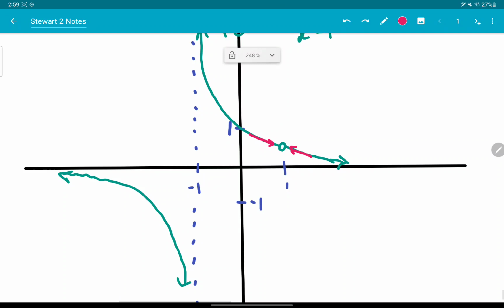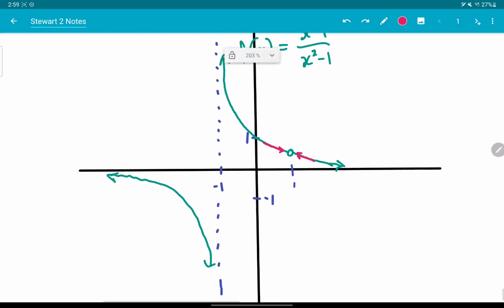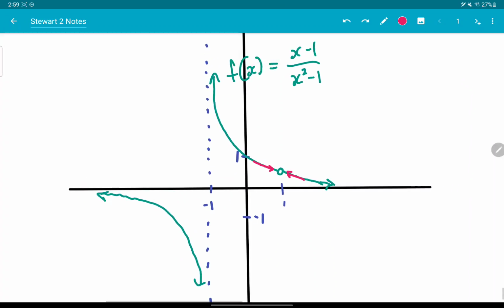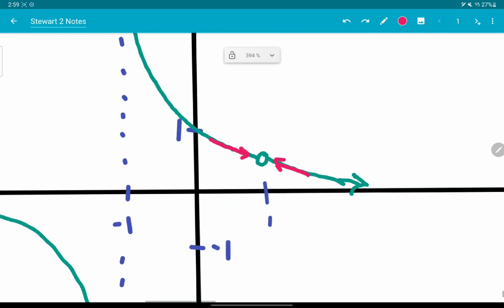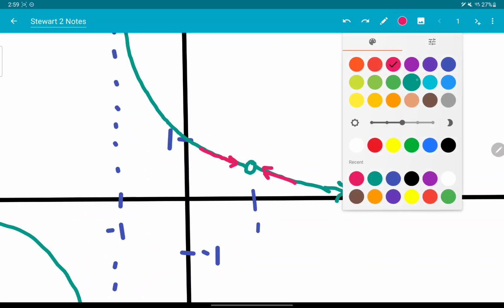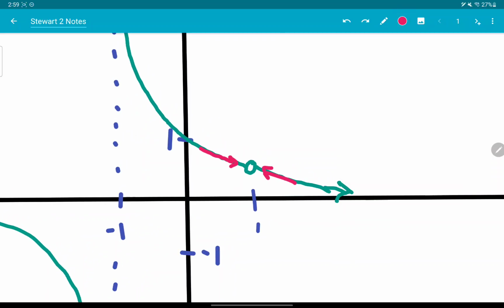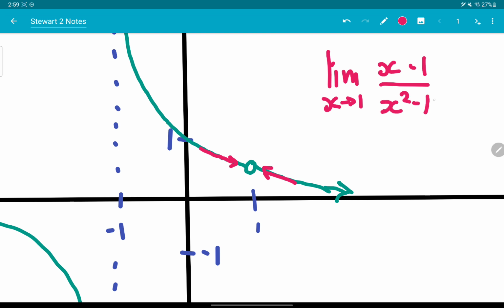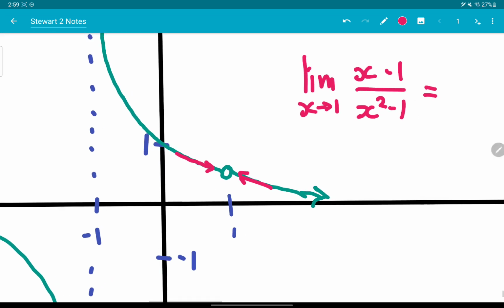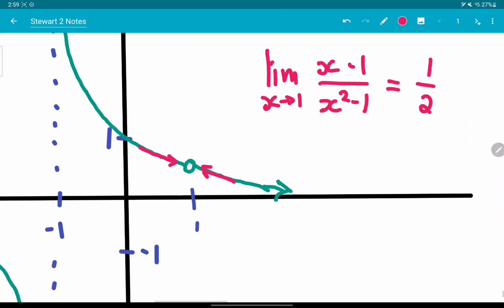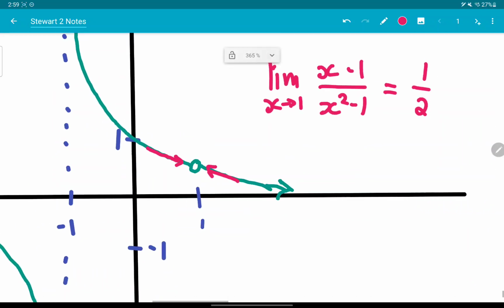This is one thing I want to emphasize: the limit as x goes to 1 of this function equals a half. That's what we found above.